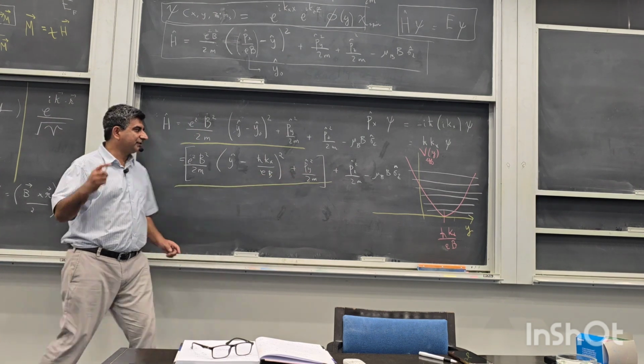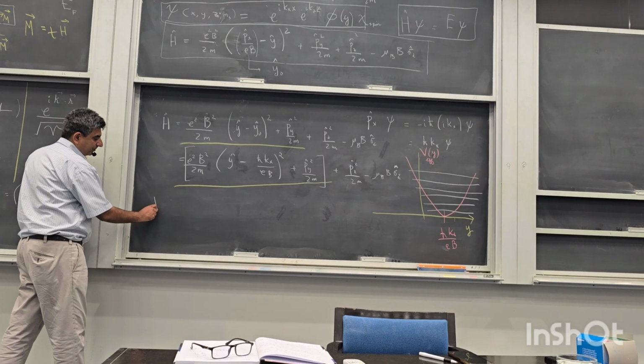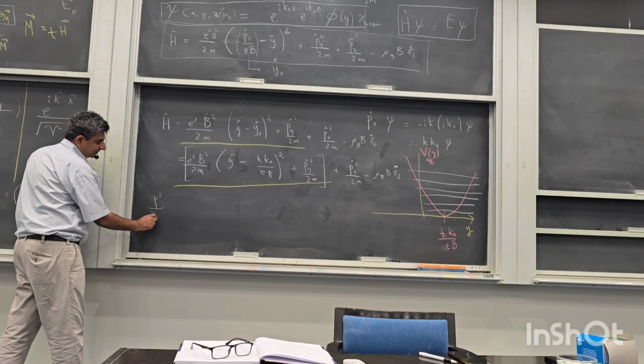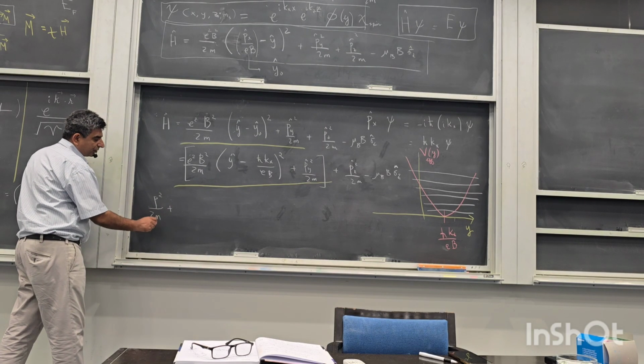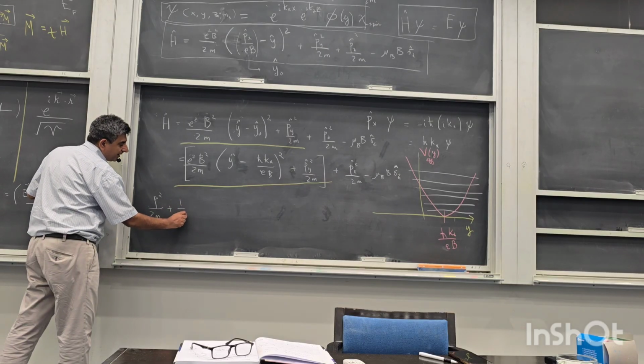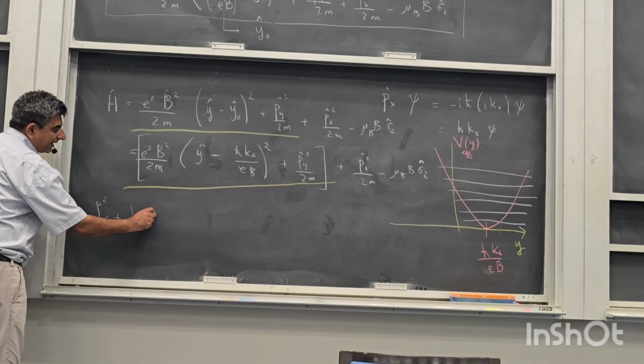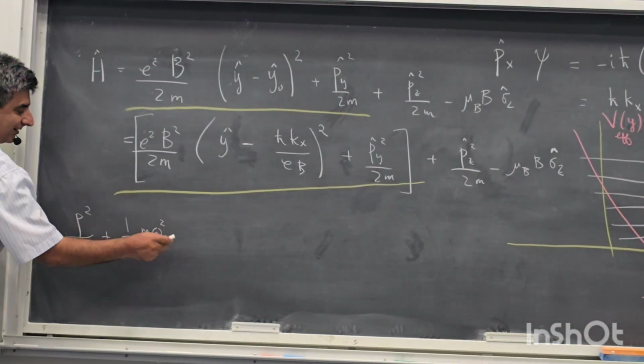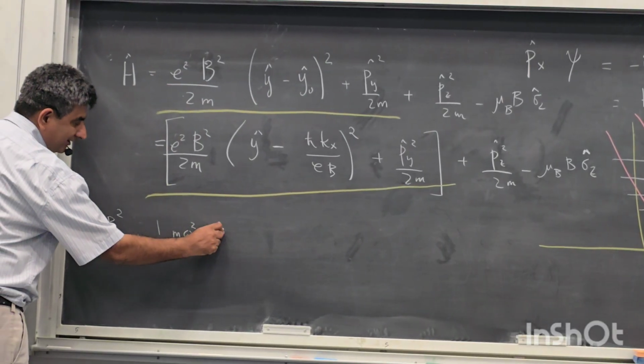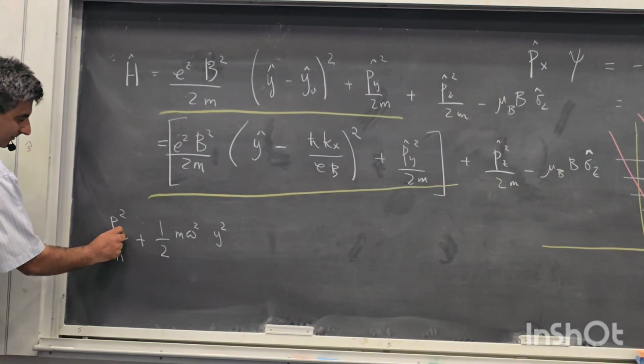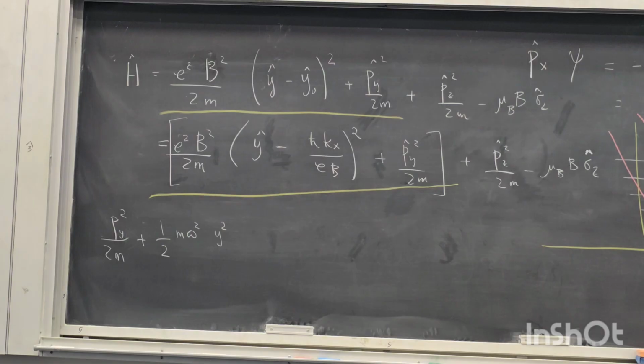So the harmonic oscillator, if I put the harmonic oscillator's Hamiltonian, looks like this: p square over 2m plus half m omega square y square, right?